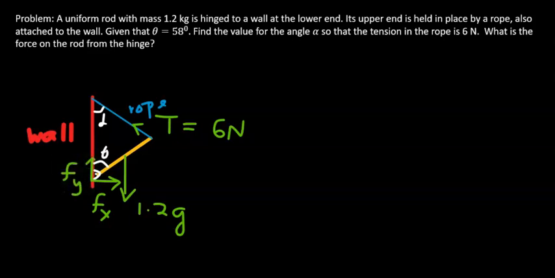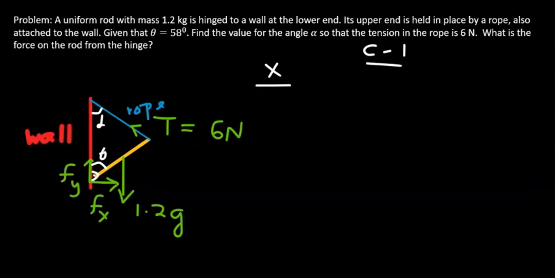Now let's write down condition 1 for static equilibrium. Condition 1 is the net force acting on this rod is 0. Now this is a two-dimensional system. So let's define x-axis like that and y-axis as the axis that is going up. So let's set the net force along the x component to 0. How many forces are there that's acting along the x direction? One is this force, and the second is the horizontal component of that tension.